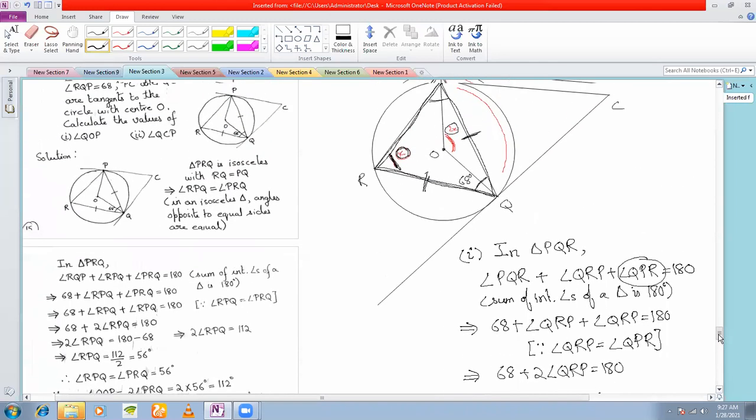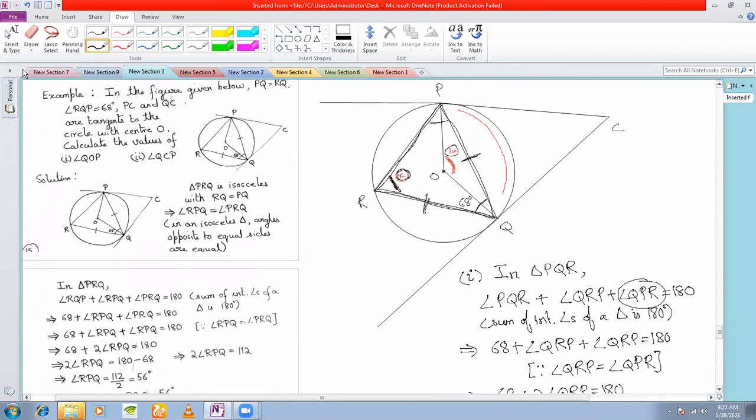So you have found this angle here, x, to be 56. So let us write it down. This angle here is 56 and this angle here is also 56 degrees. These two angles are 56 degrees.